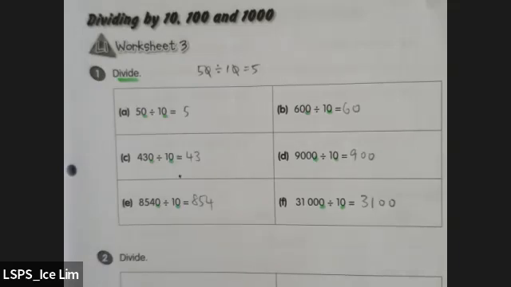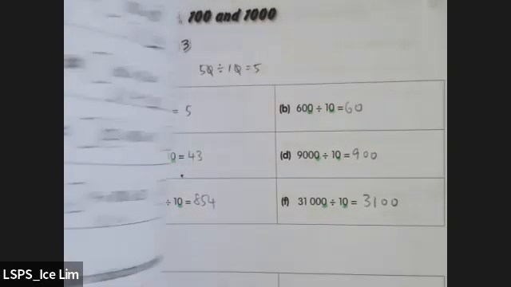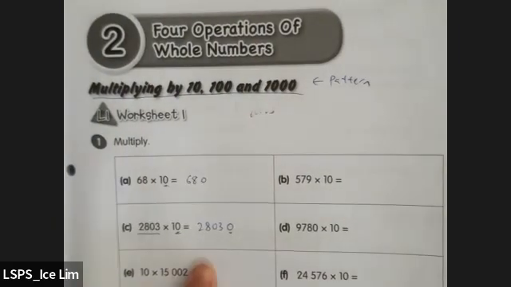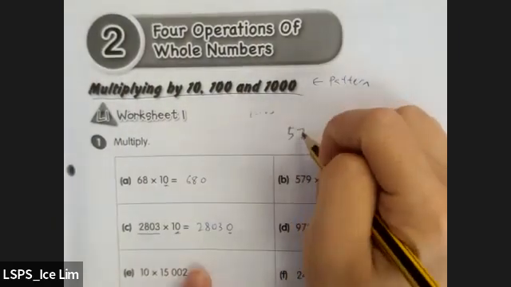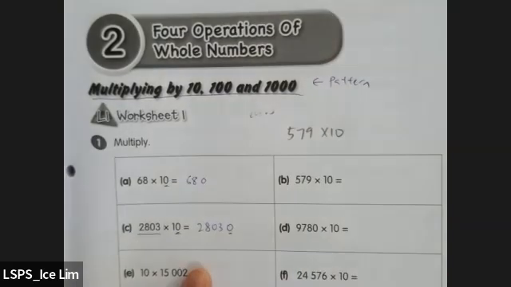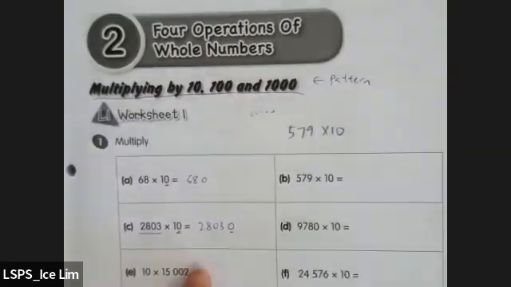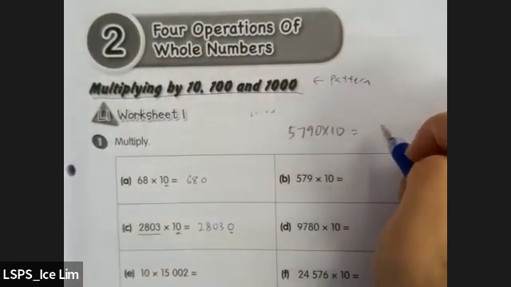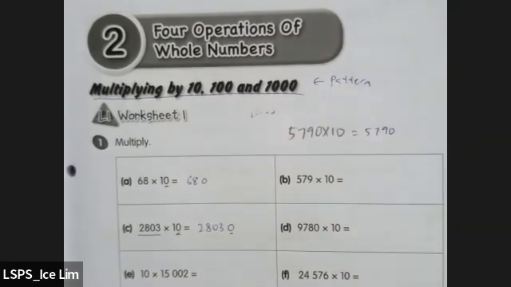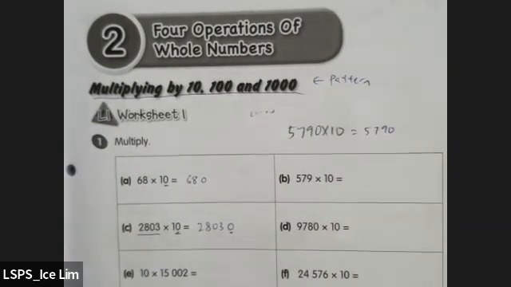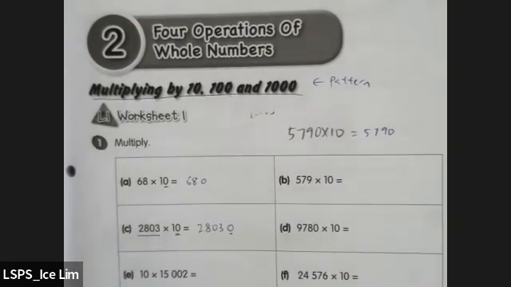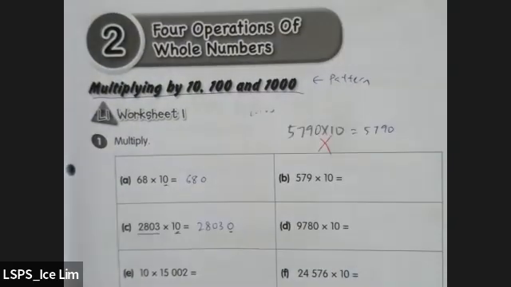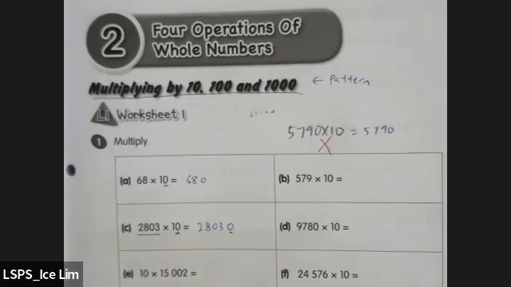Like I mentioned earlier, for example, in multiplication, if you were to write a 0 here, then you will get a big cross because you changed the question. Can you understand what I'm talking about?